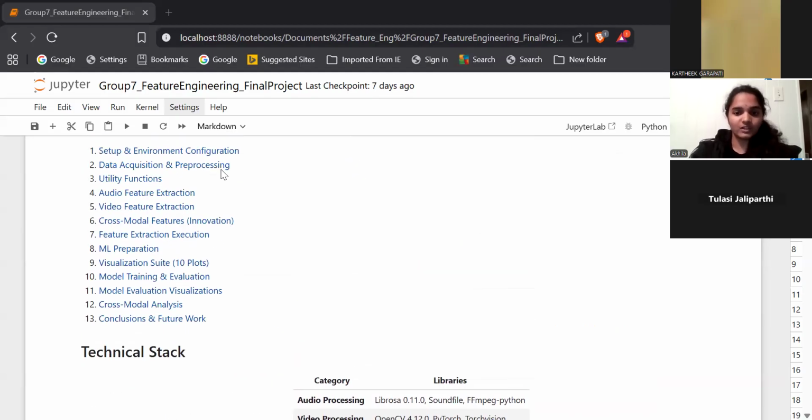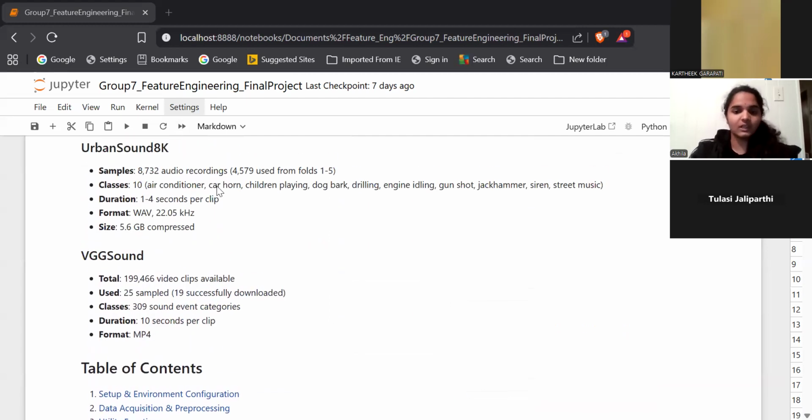And we compute nine statistical summaries: mean, standard deviation, minimum, maximum, median, 10th and 90th percentiles, skewness, and kurtosis. This transforms variable length audio into fixed length vectors, which are suitable for machine learning.